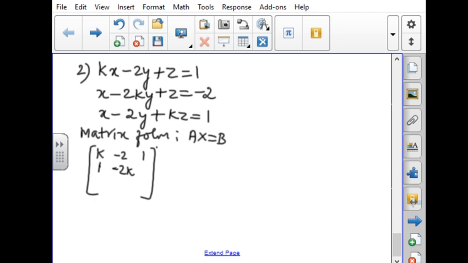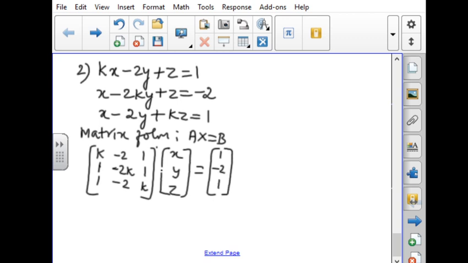Don't leave out the k values. X is the variables x, y, z, the unknowns, equal to the B matrix 1, minus 2, 1.